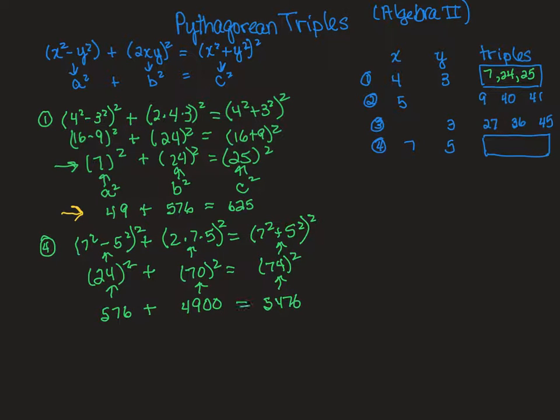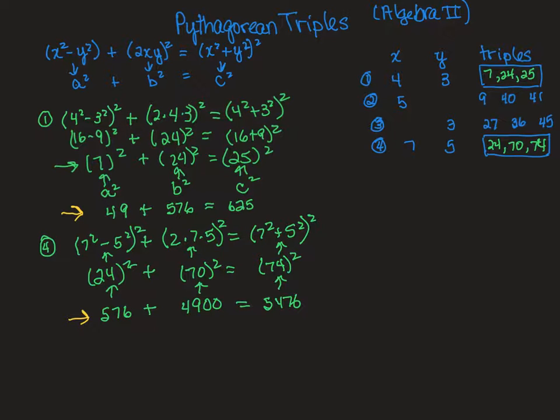And if I add them together, it works. I am terrifically awesome. I love this puzzle. So that makes this 24, 70, and 74. Those are the two that are the most straightforward.